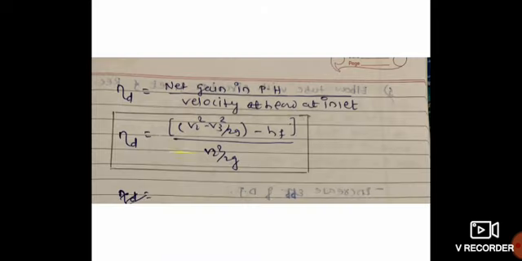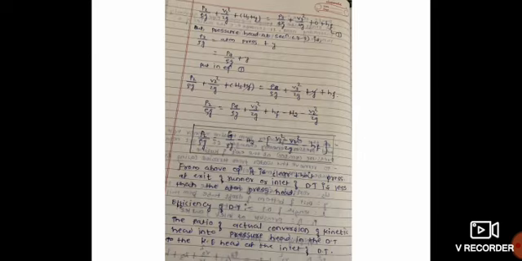Now from this diagram we can clearly understand. Z2 is nothing but Hs plus y, the datum head from the inlet to the exit. This is equal to P3 by rho g, the pressure head at outlet, plus V3 square by 2g, plus at the exit the datum head is not there, so 0, plus Hf.